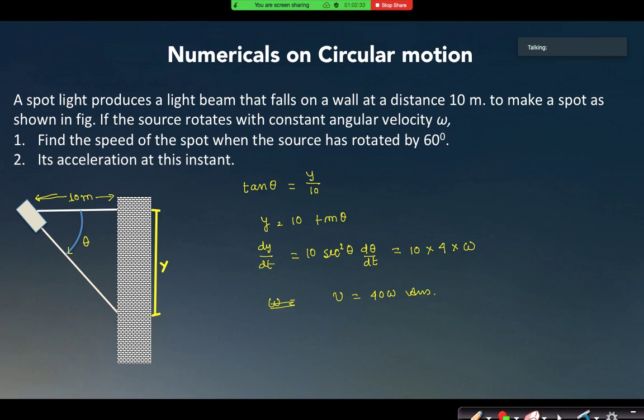And what will be the acceleration of this at this instant? What is the acceleration of the point at this instant? How do I find the acceleration at this instant?